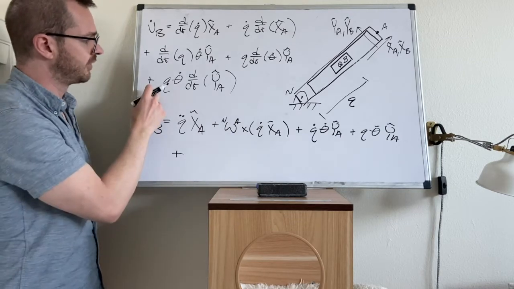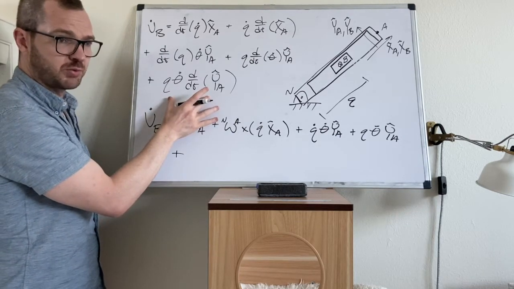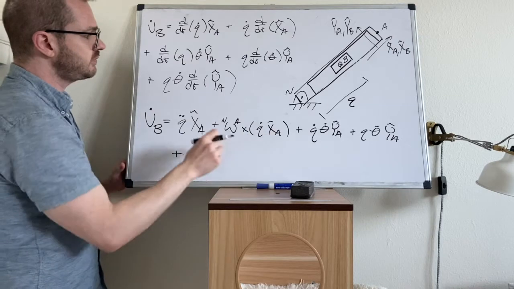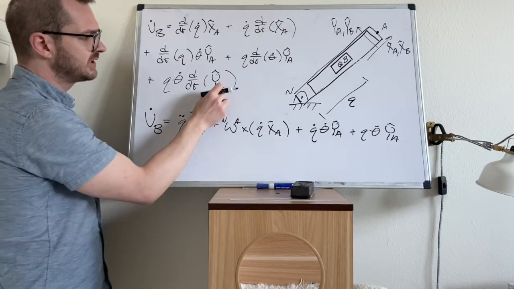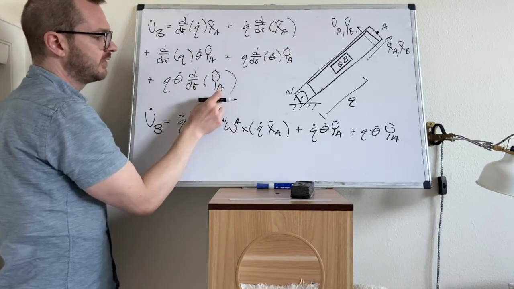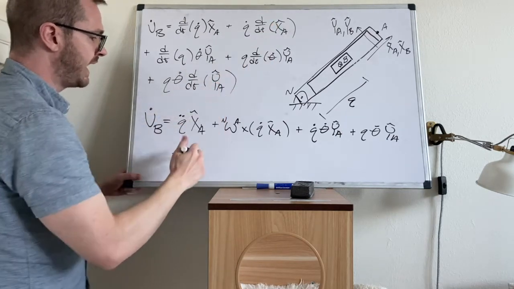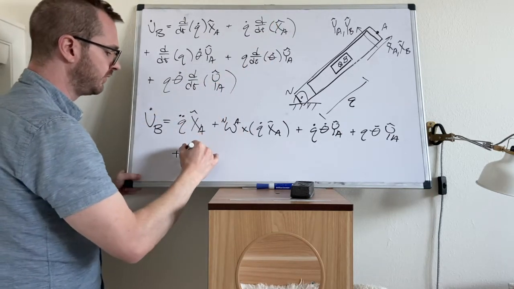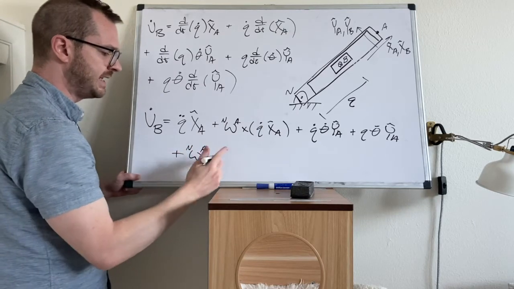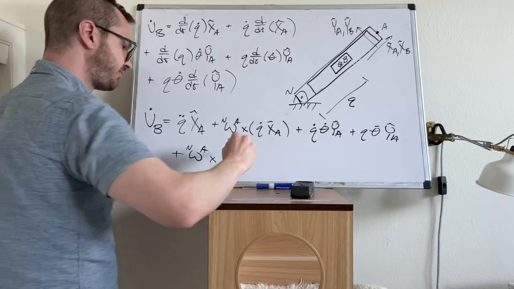And now the last term, we're going to replace this one with transport theorem as well. One thing to take note of, it actually doesn't matter whether this is x hat a or y hat a. As far as this first part goes, you still take omega NA cross.